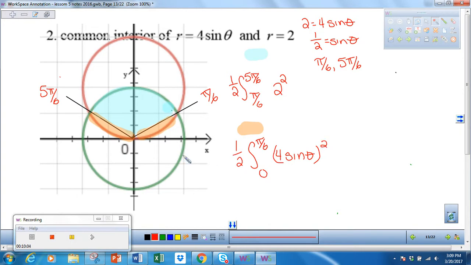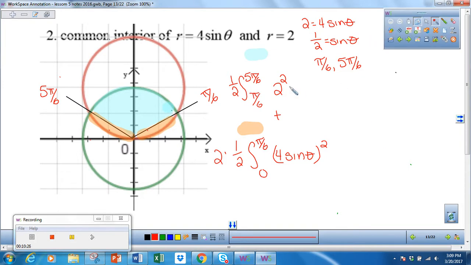Now, notice then I have to find from 5 pi over 6 to pi. What's an easier way of doing that? Well, these two sides should be symmetrical, so I'm just going to multiply this by 2 and only do it once. So when I'm done, my answer is the sum of these two areas.